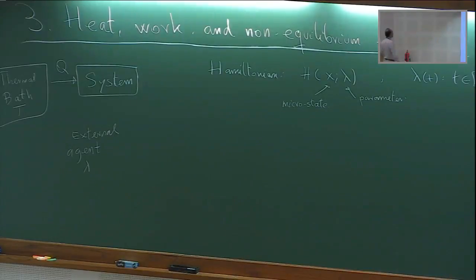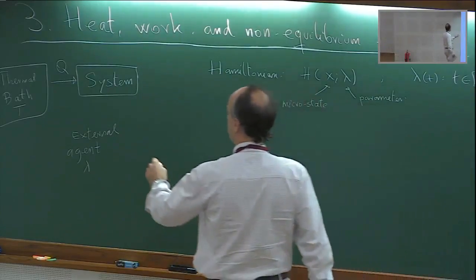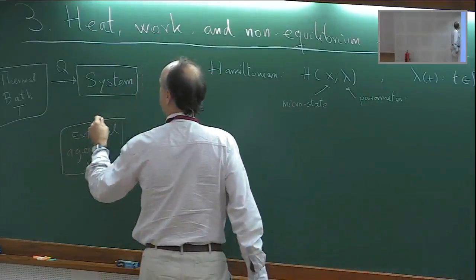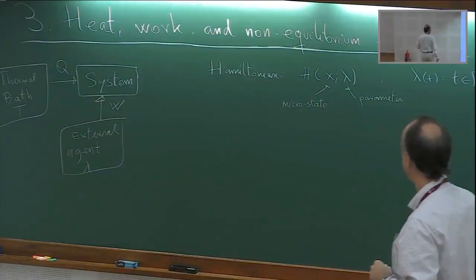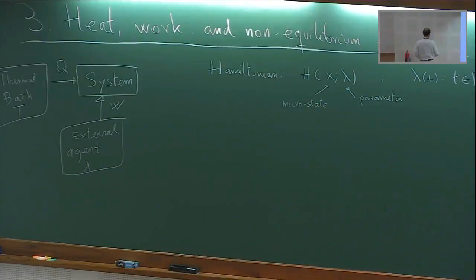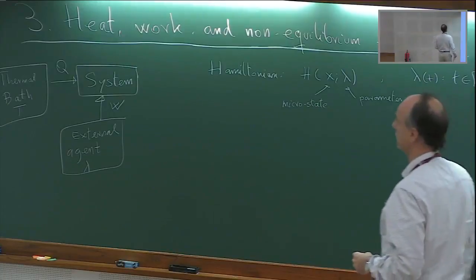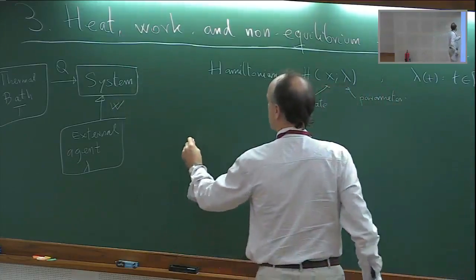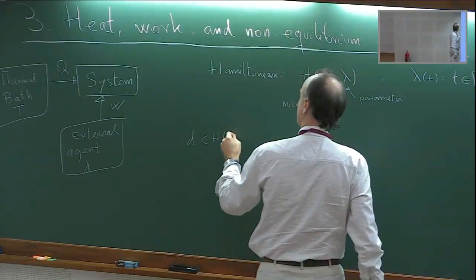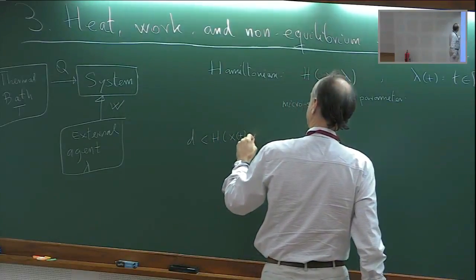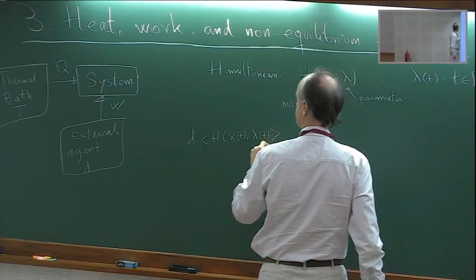Work is going to be the energy introduced by the external agent. The way to distinguish between the two is to calculate the variation of the energy along a process.